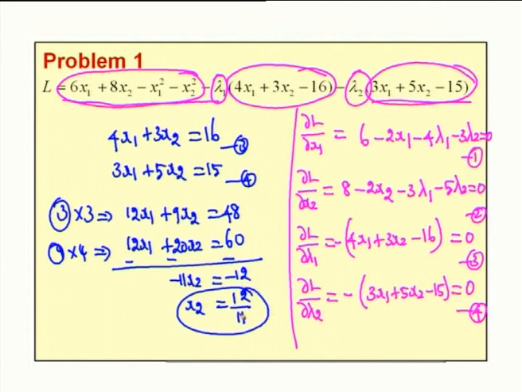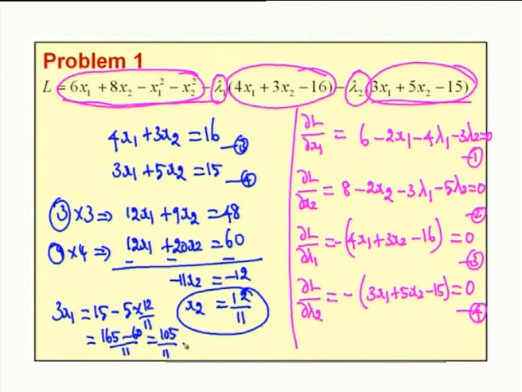Now, by substituting this x2 in either equation 3 or 4, we will get the value of x1. I will make use of equation 4. Substitute the x2 value, 12 by 11, in equation 4. We have 3x1 equal to 15 minus 5 into 12 by 11, which gives us 165 minus 60 by 11, which is 105 by 11.